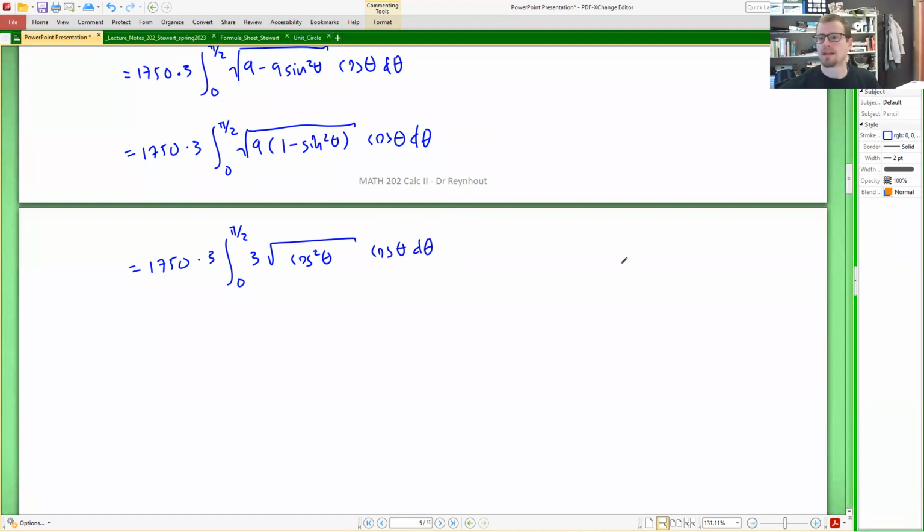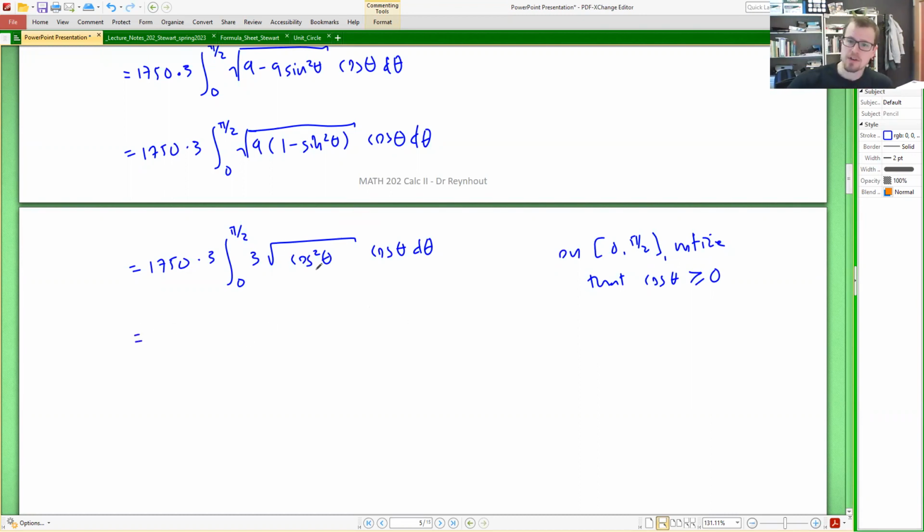Excellent. Now, on the interval from 0 to pi over 2, I want to notice that cosine of theta is greater than or equal to 0. And that's worth noting because when I take the square root of a variable squared, it gives me back the absolute value of that variable.